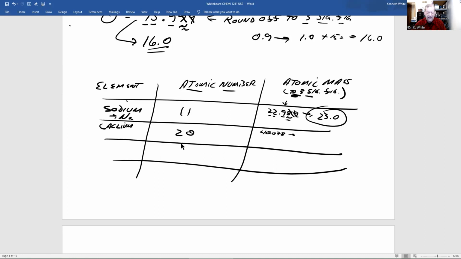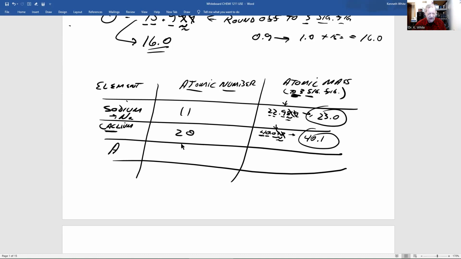Get three significant figures. Keep the 4, keep the 0, keep the 0. Remember, zeros at the end with a decimal point are significant. The 7 is the round off. Is that 4 or less, 5 or higher? It's 5 or higher. Drop that, increase that by 1, which would mean 40.1, and that's the atomic mass of calcium. And later on, we'll talk about what calcium actually does to help make strong bones.